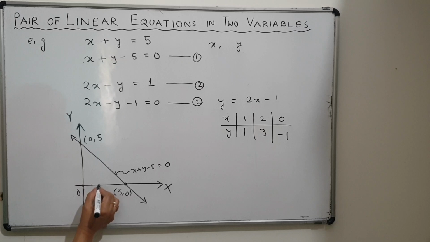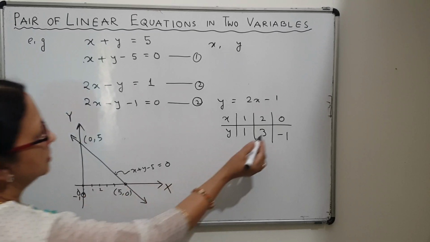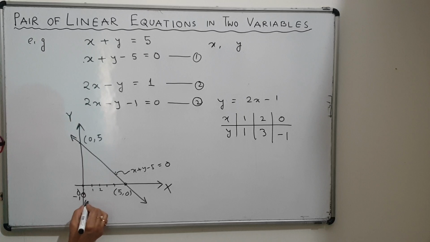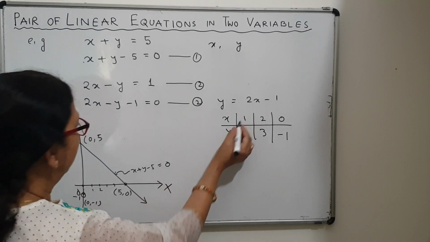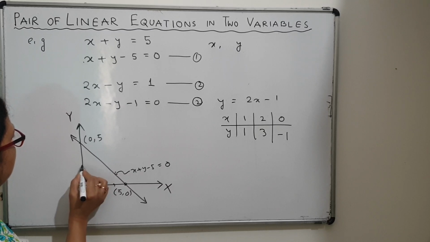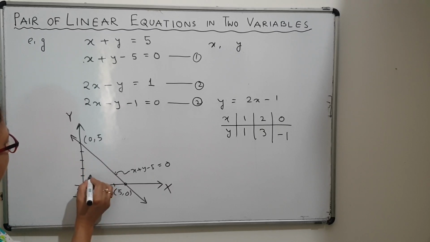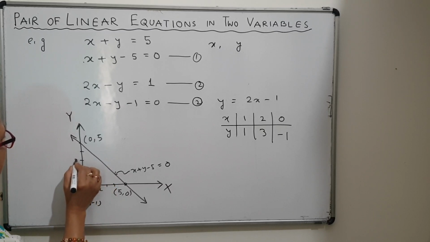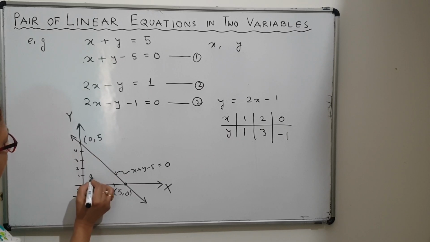Say 1, 2, 3, 4, 5. So minus 1 will be this point. So this is (0, -1). Then (1, 1). So again here it is 1, 2, 3, 4, 5. So (1, 1) will be here, this point.